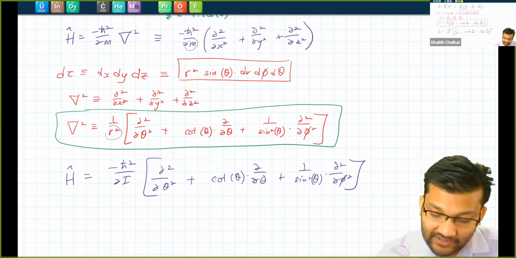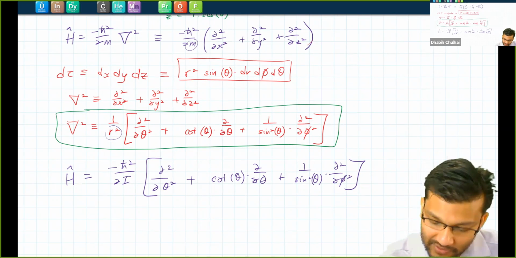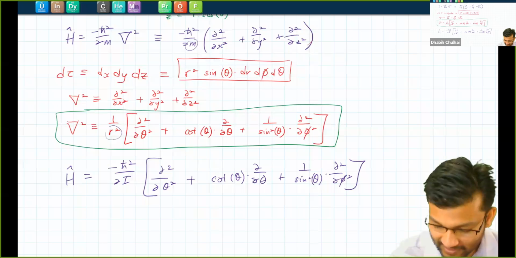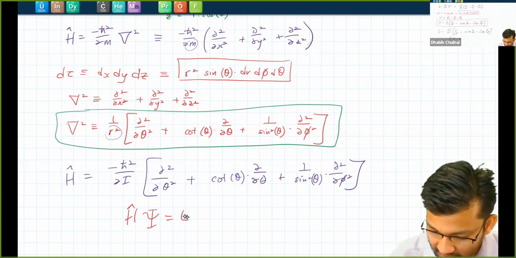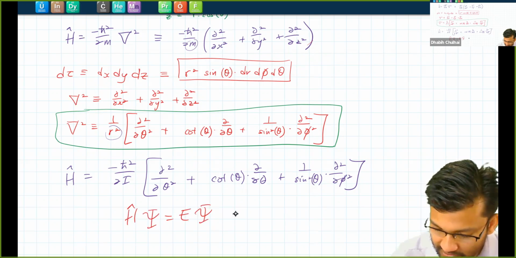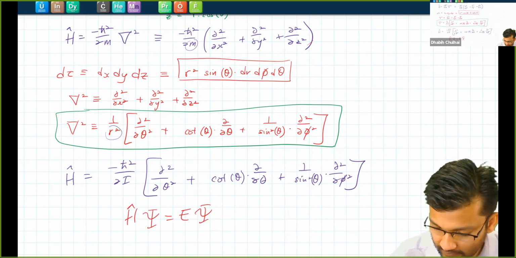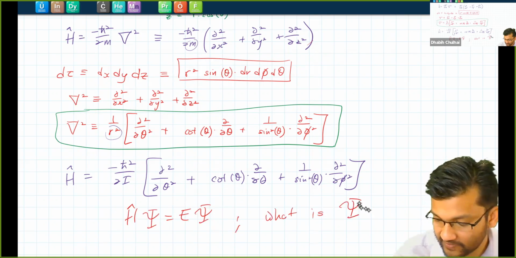My question to you now becomes, what function, when we use this Hamiltonian on it, gives us a constant times the wave function? What function solves the Schrodinger equation? What function solves that equation? What is phi? Psi?